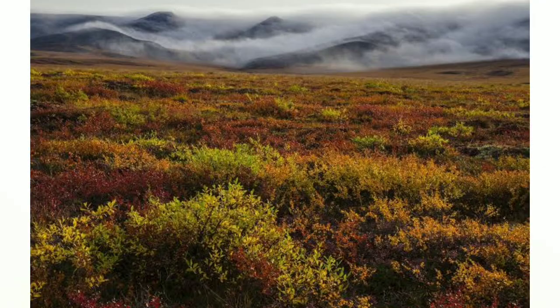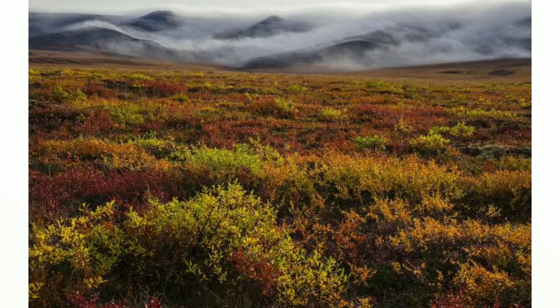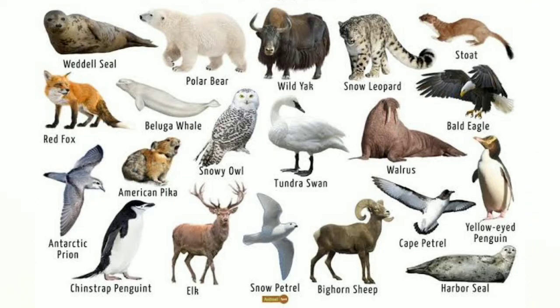And as these areas are covered by snow throughout the year, they do not support the growth of trees or different types of grasses. Vegetation in these areas includes mosses, lichens and small shrubs. Wildlife includes snow foxes, walruses, seals, polar bears, etc.